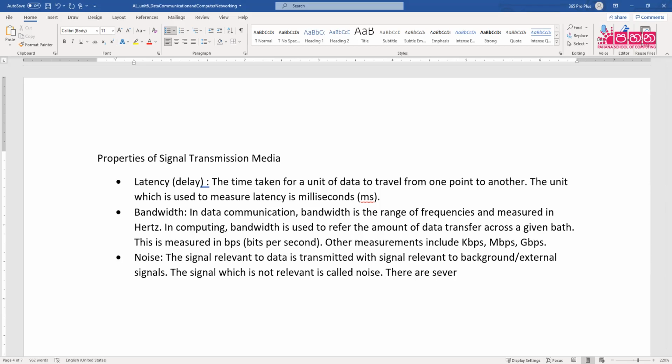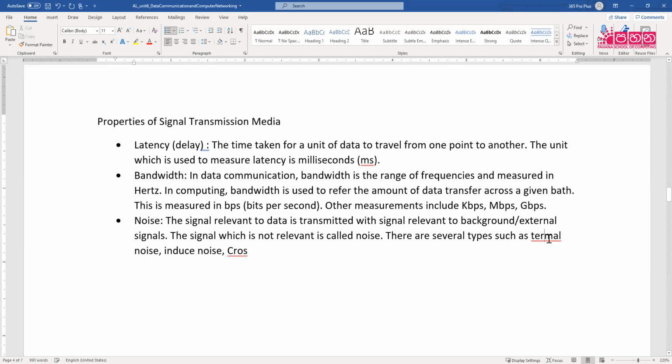There are several types, such as thermal noise, induced noise, crosstalk noise, and impulse noise.